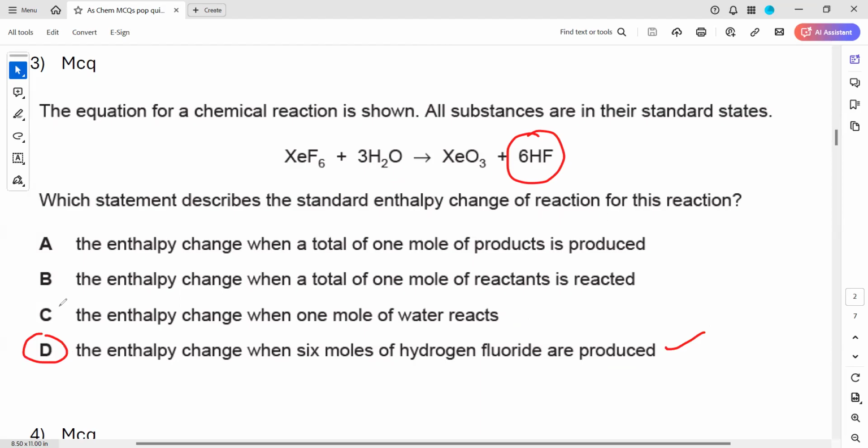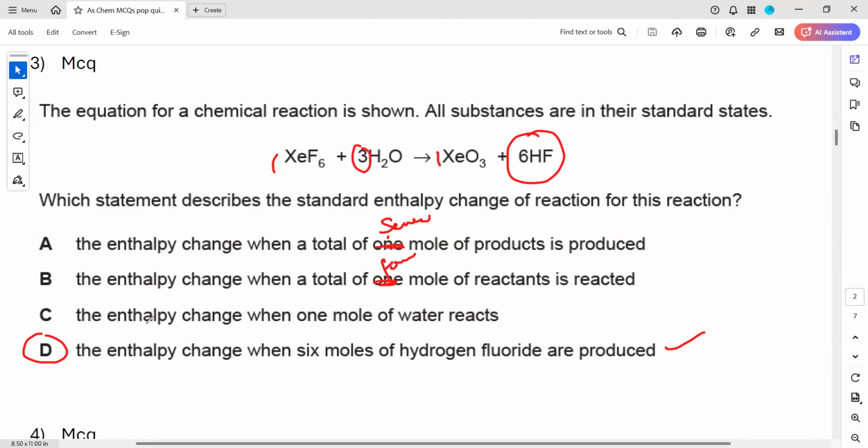Because the other 3 statements do not explain the overall reaction. Statement 1 can be true when we say the enthalpy change when a total of 7 moles of the product are produced, because 1 here and 6. Statement 2 would be correct if it said the enthalpy change when a total of 4 moles of the reactant reacted, 3 here plus 1 makes 4.